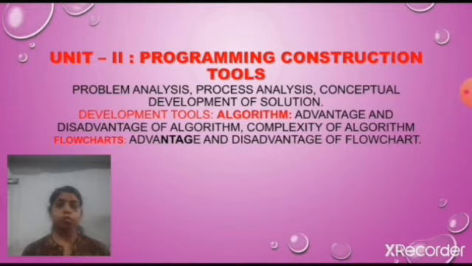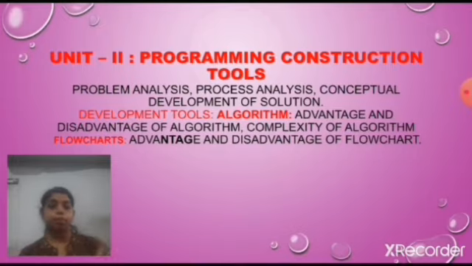Conceptual development of solution is also called PDLC, that is programming development life cycle: how to analyze the problem, how to process the problem and how to achieve our result. After that we will see development tools. There are 2 types of development tools, algorithms and flowcharts. An algorithm is a step-by-step representation of a program written in simple English, and a flowchart is a tool where we show how the flow of the program is going.